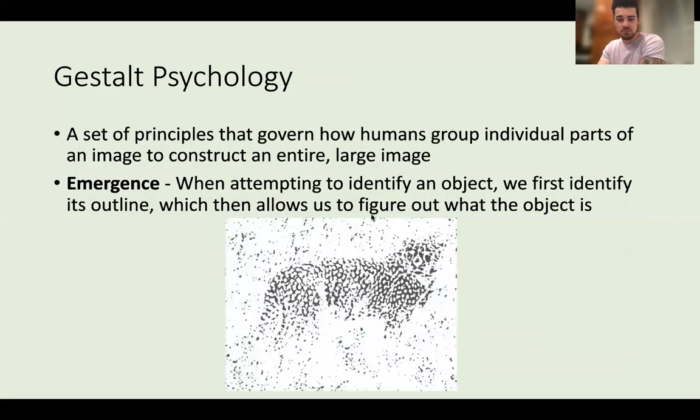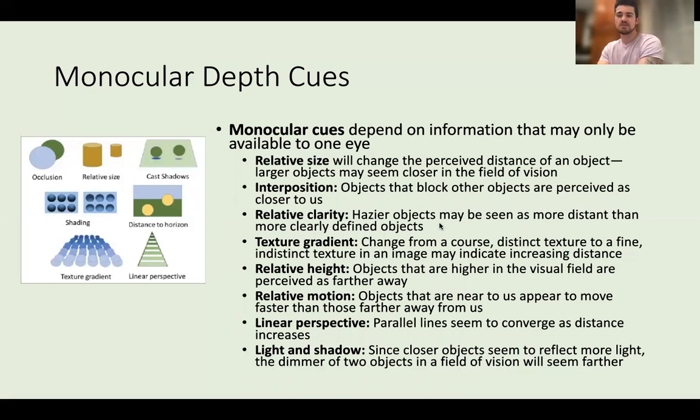Relative clarity: hazier objects may be seen as more distant than more clearly defined objects. That does not look like it's on here, but that one is pretty self-explanatory. If you have two objects that are next to each other, the hazier object is just interpreted as more distant when compared to more clearly defined objects.